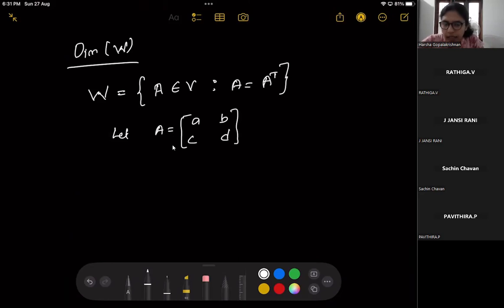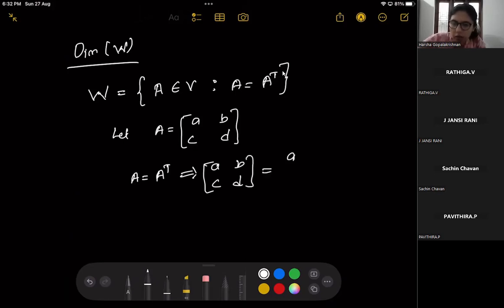So this A is in W means A should satisfy A equal to A transpose. A equal to A transpose implies A, B, C, D equal to, we are interchanging the rows and columns. So the first row A, B will become the first column and the second row C, D will become the second column.